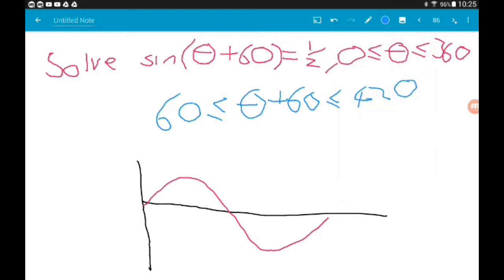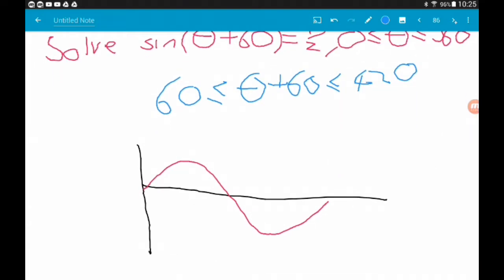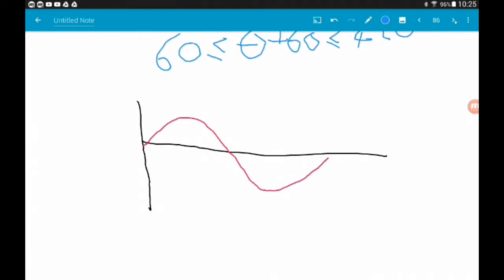Now, we can get our first solution for theta plus 60 by inversing sine of 1/2. If we do the inverse sine of 1/2, we get 30 degrees.